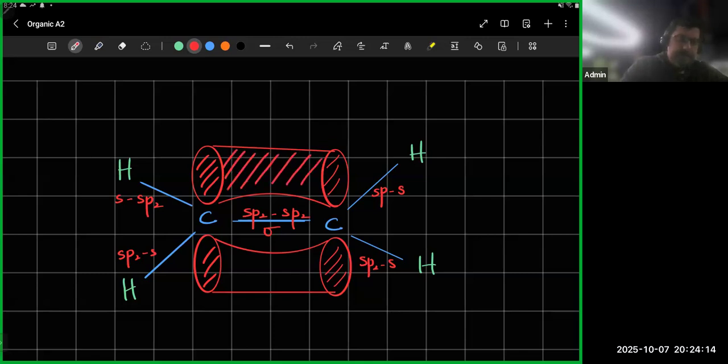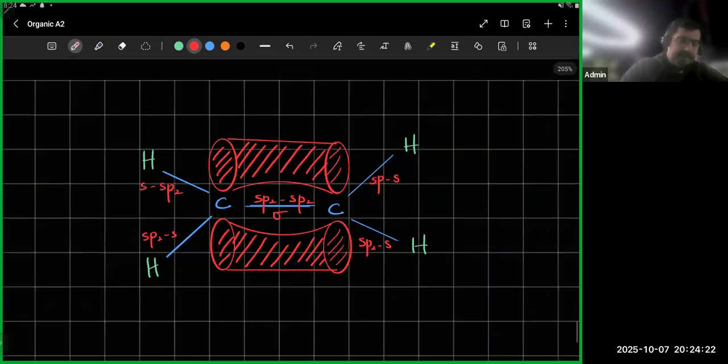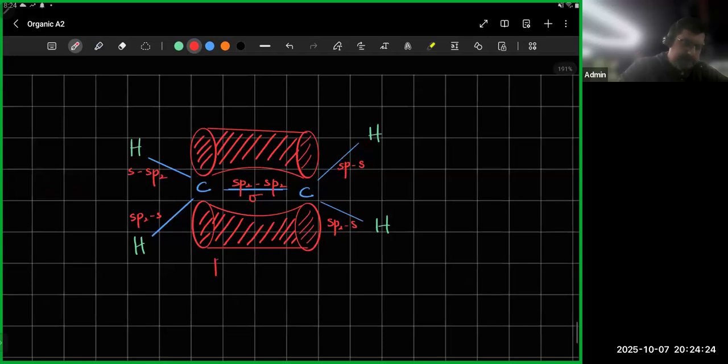They're going to try and pull each other's electrons. But since they're both carbon, they're equally electronegative, so the electrons are kind of hovering in the middle, right? And that's your pi bond. So it's a p orbital overlapping with a p orbital, and that's basically forming your pi bond. Okay, that's it.